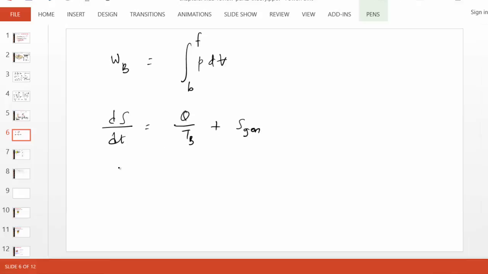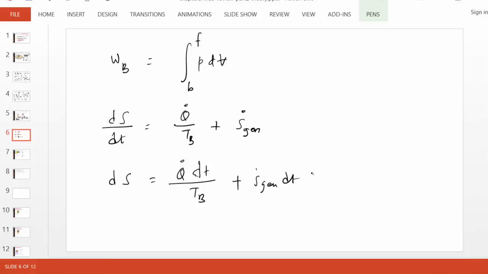And as we did before, multiplying by dt, dS equals dt times Q dot over TB plus S dot gen dt.